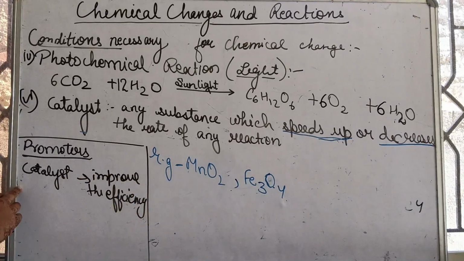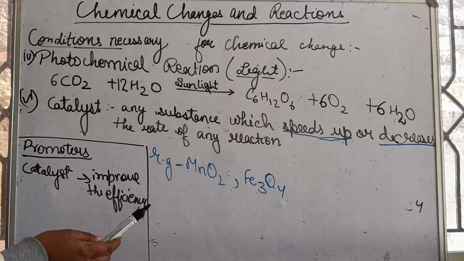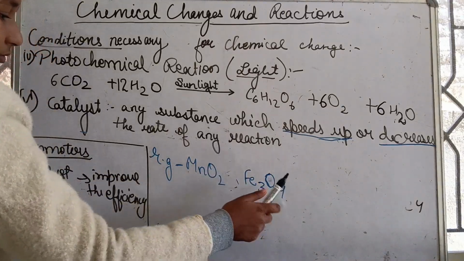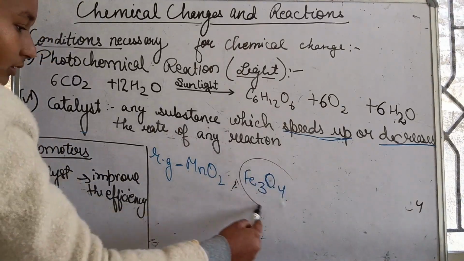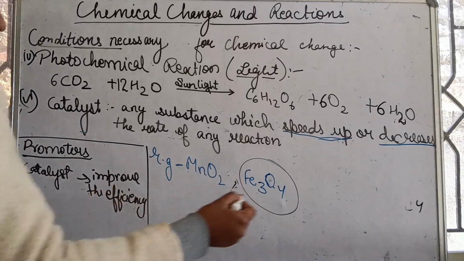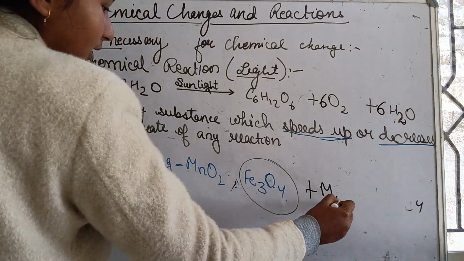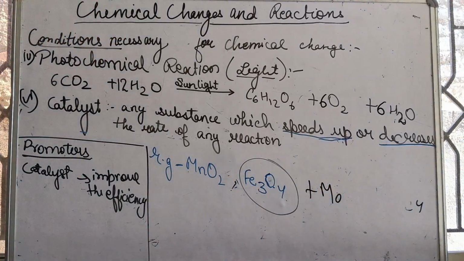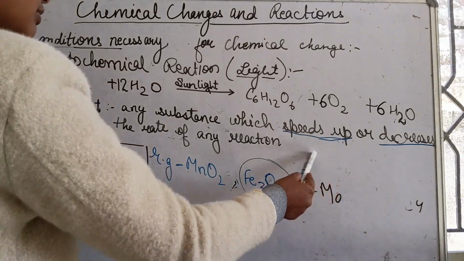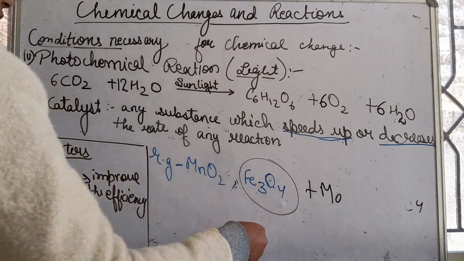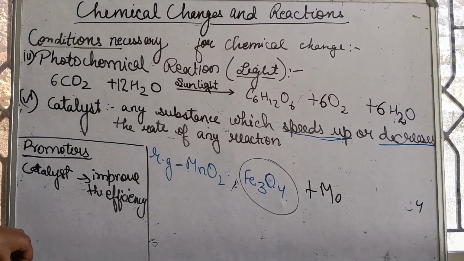Okay, there is a catalyst, it will improve its efficiency. Suppose if it is iron, then molybdenum, Mo. If we add it, this will act as promoter, which will improve its efficiency, which will help the reaction to be more faster.